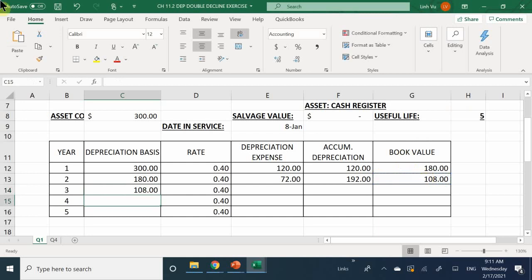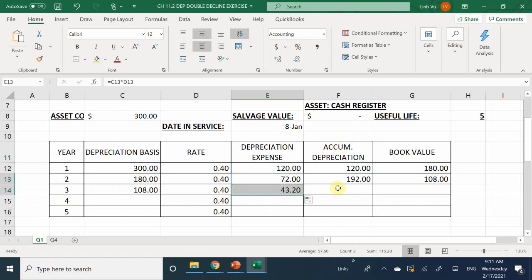Same thing here, we keep calculating. What is 40% of 108? 43.20.